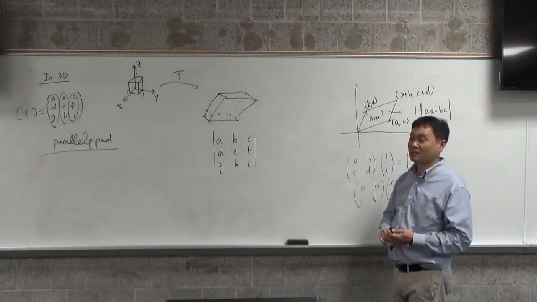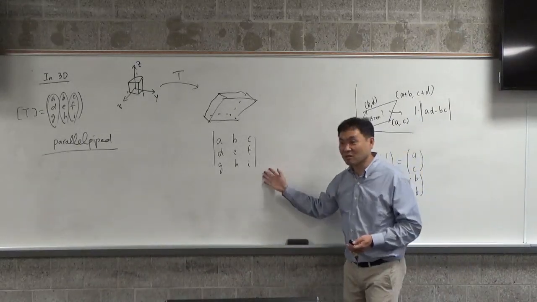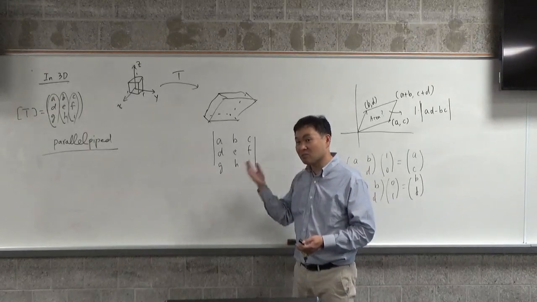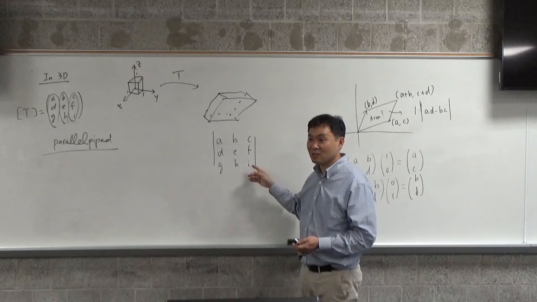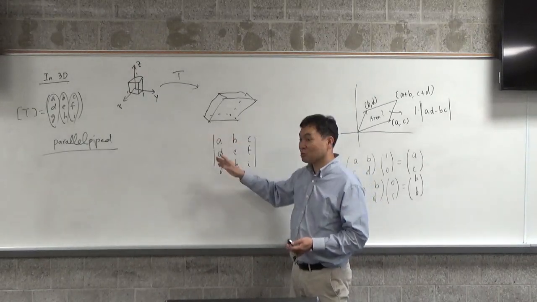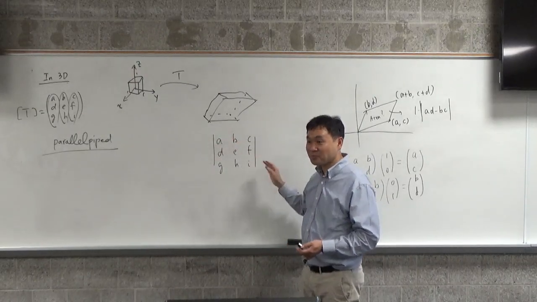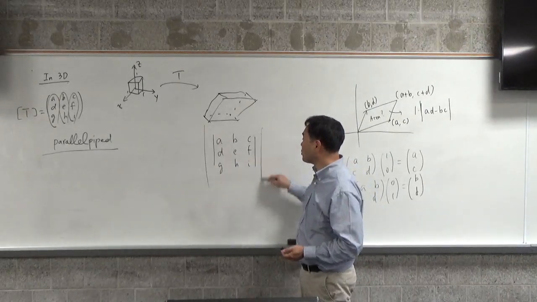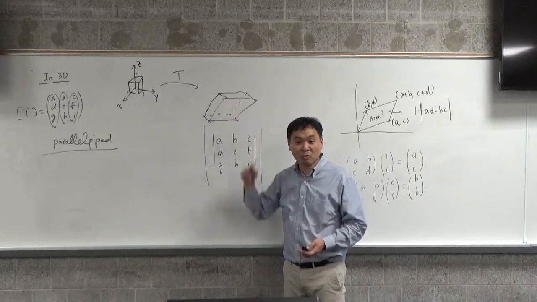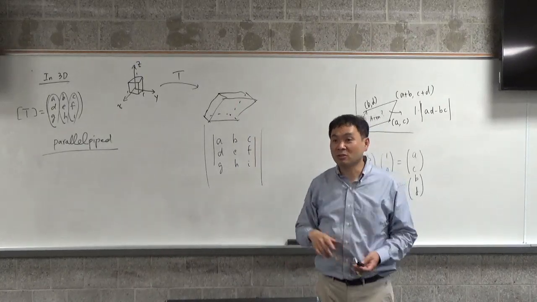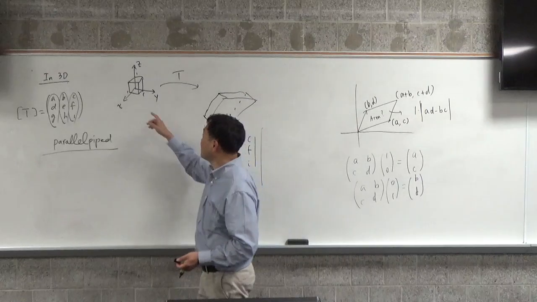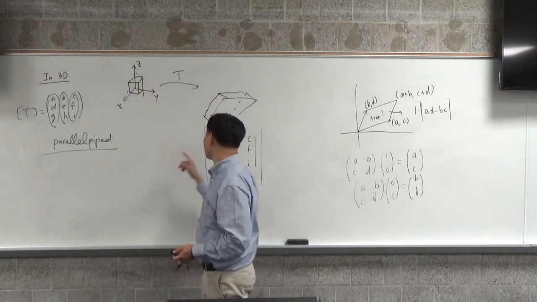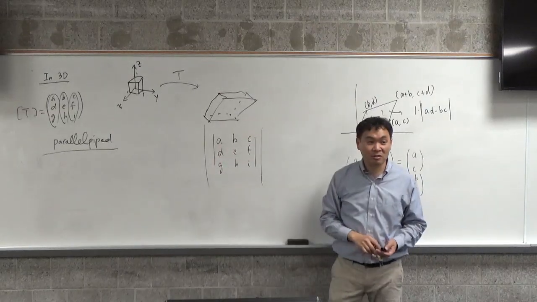If you take the determinant of this, I haven't introduced the determinant formula for this one in this class, but you learned it in Calc 3, right? You know how to do that row expansion or some other method. If you take the absolute value of this quantity, it gives you the volume of this parallelepiped. Because the volume transforms, and the ratio between the volumes is given by the absolute value of the determinant.